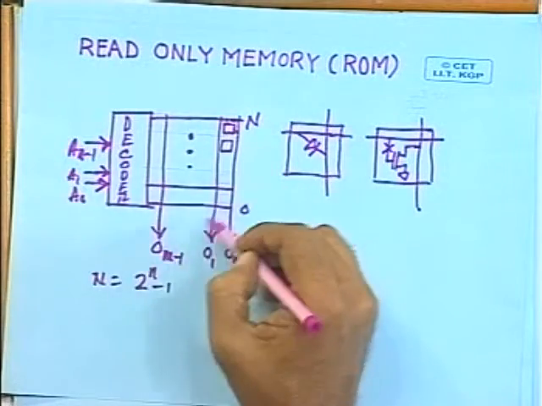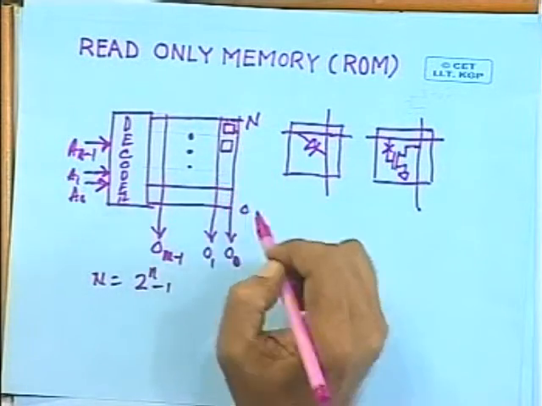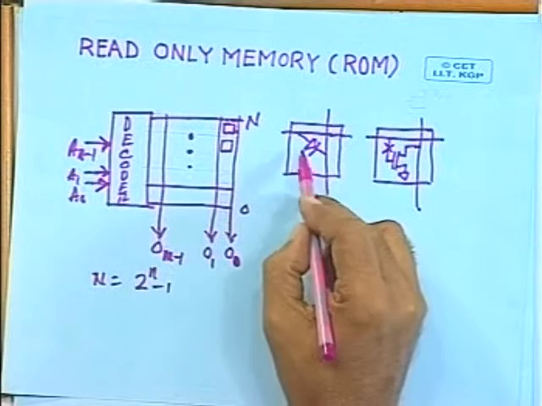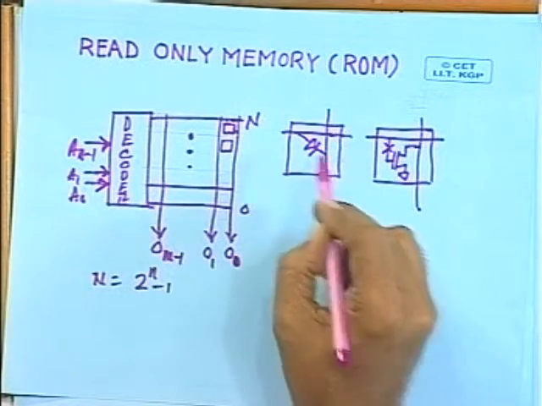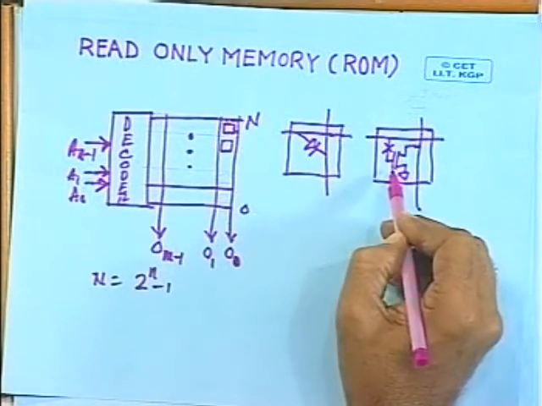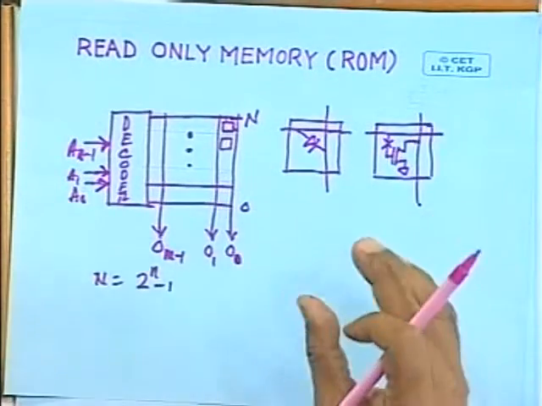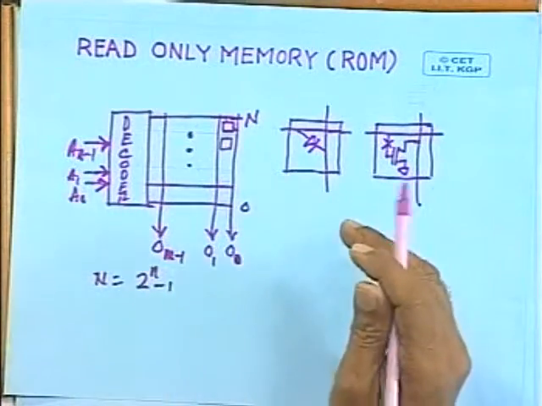So this is how the read-only memory is realized. And each cell can be a single diode or a transistor, as you can see. As a consequence, ROM has relatively larger capacity than RAM. A particular chip can accommodate a large number of memory cells.